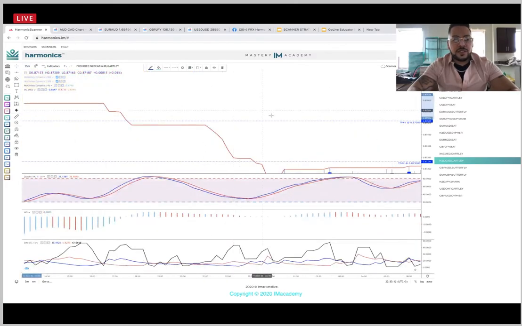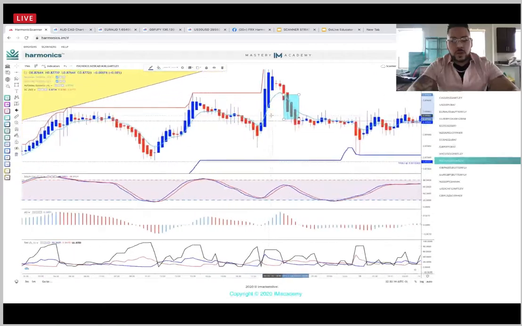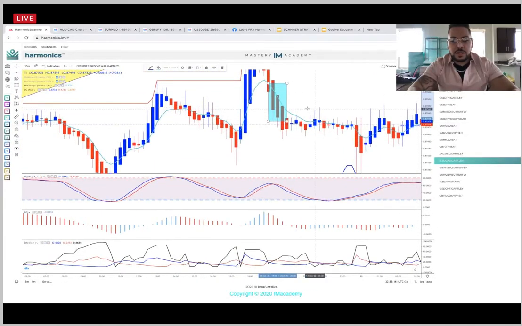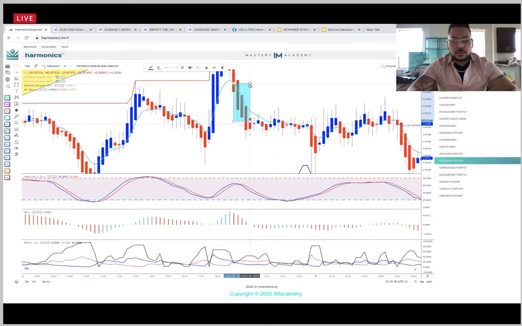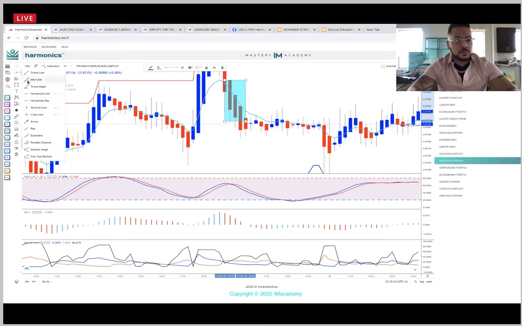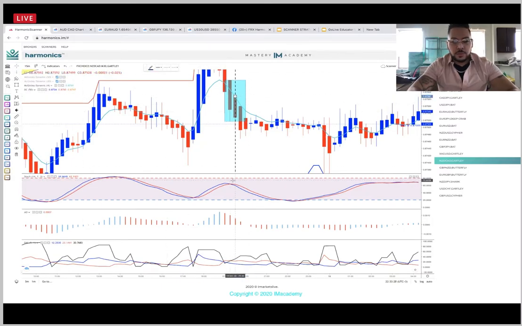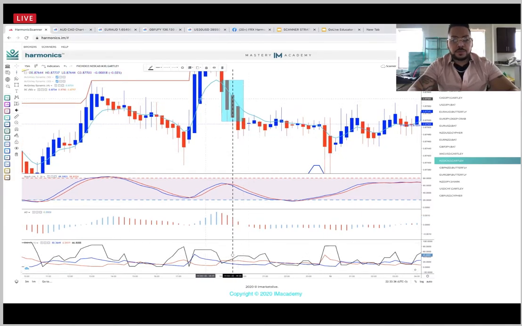We come down to the 15-minute. So here go our candles for the 15-minute. We look for our confirmations right here in the market. Okay, boom. We have our confirmations right there in the market.